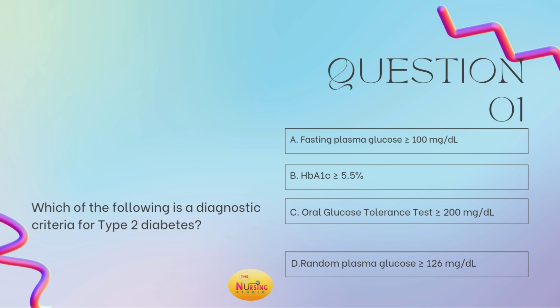Whereas at random, because you could have just eaten, you have a higher threshold, right? So then it is greater than or equal to 200 milligrams per deciliter. And then with the glucose tolerance test, it's also greater than or equal to 200 milligrams per deciliter. So here, the appropriate answer is C, because that's the only one that is the correct diagnostic criteria for type 2 diabetes, okay?